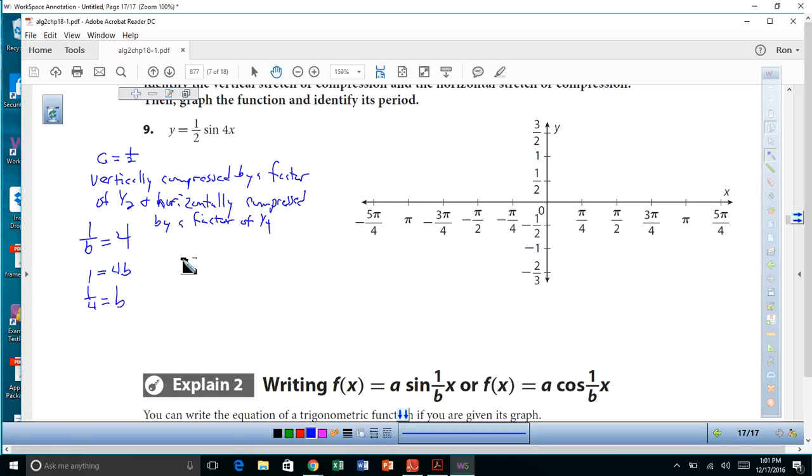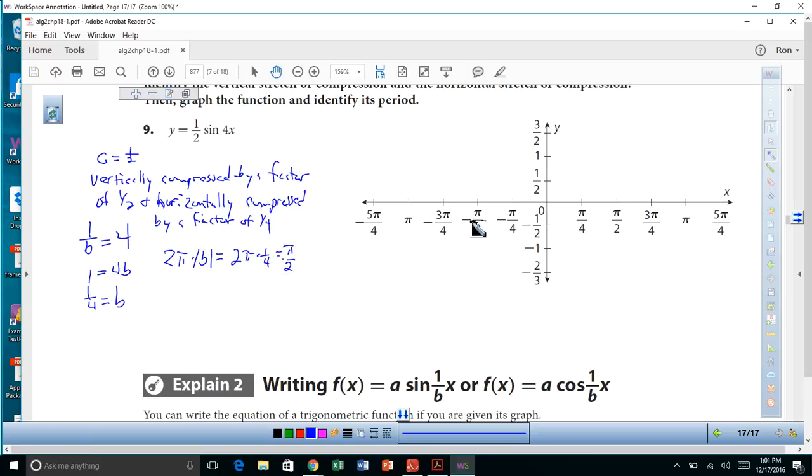So let's find our period. 2 pi times the absolute value of b. That's going to be 2 pi times 1/4. And that's going to give us pi over 2.